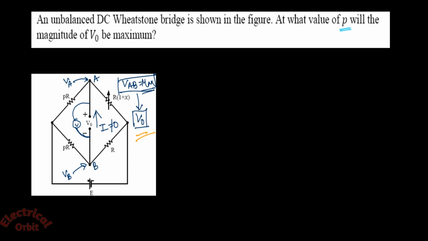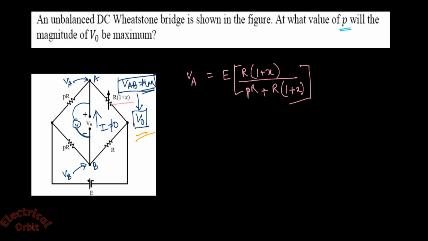So let us first determine the value of VA. VA is equal to supply voltage E into R(1+X) divided by R(1+X) plus PR, because we are considering this branch, the upper branch.